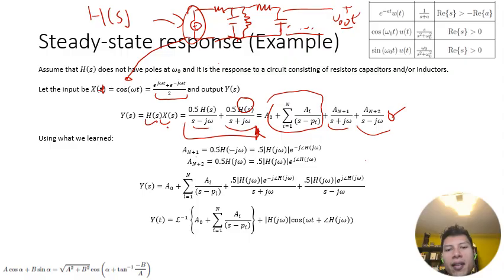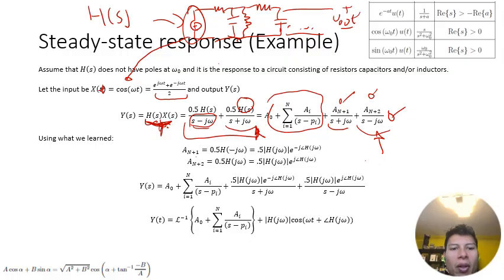Now, if we recollect, in order to find these coefficients, what we would do is take whatever's on the left, multiply it by s minus j omega to get this coefficient, the a n plus 2, and then evaluate it at j omega.